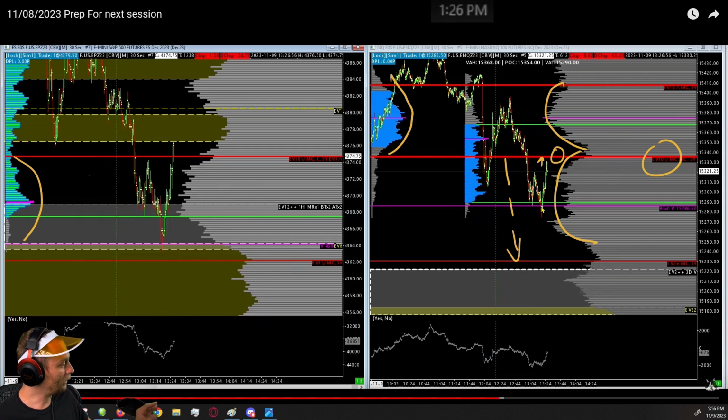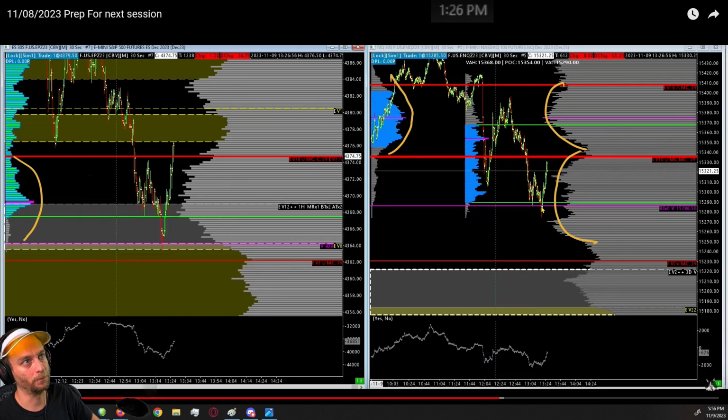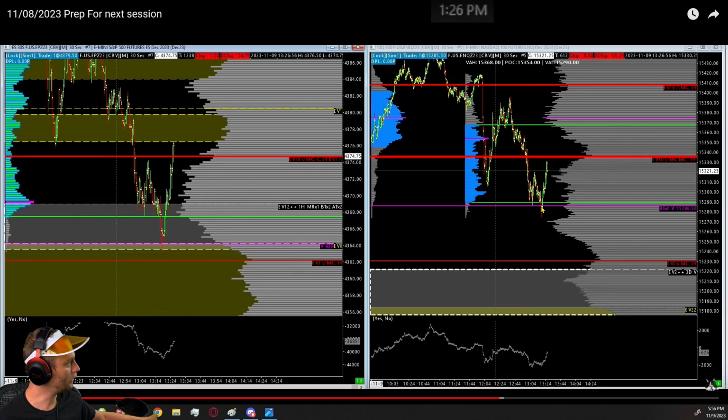But what I really like about this is there's multiple factors of support. So what does that mean? Well, you probably know what that means, but I'll show you anyways. This value area low, the blue shaded area on the 3-day, 2-day profile, is pretty close to this low node. Things don't pivot exactly on lines.